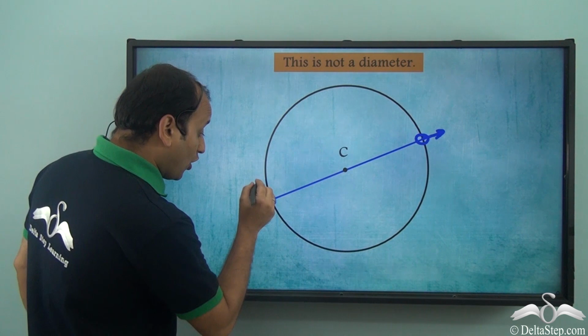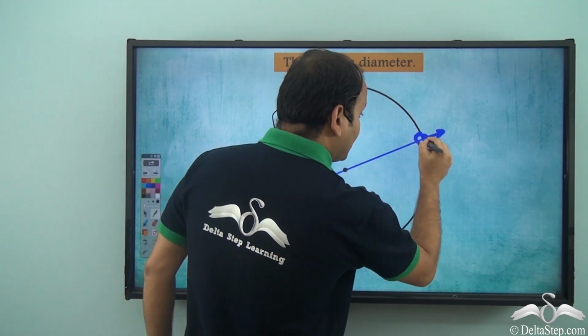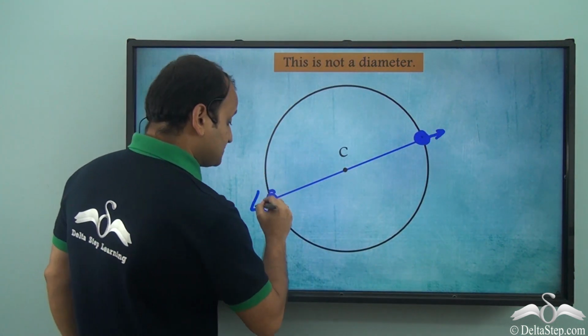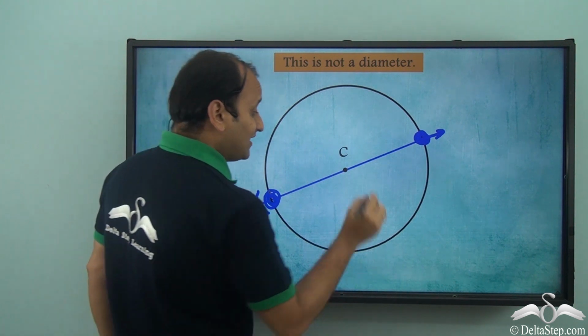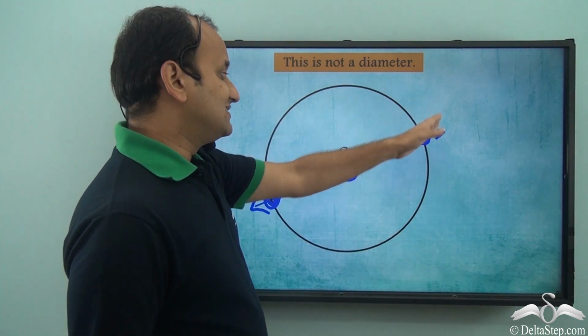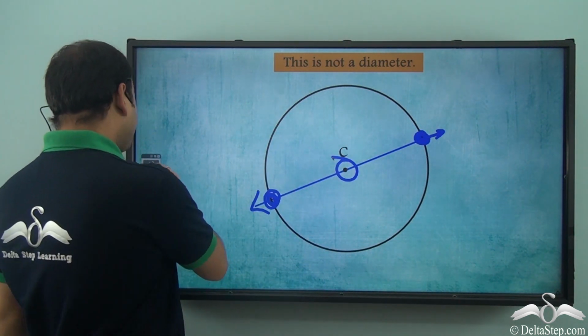The diameter will always start from one point on the circle and end on another point on the circle which is exactly opposite to this particular point, and it will pass through the center. So in this case, this particular line segment is not a diameter.